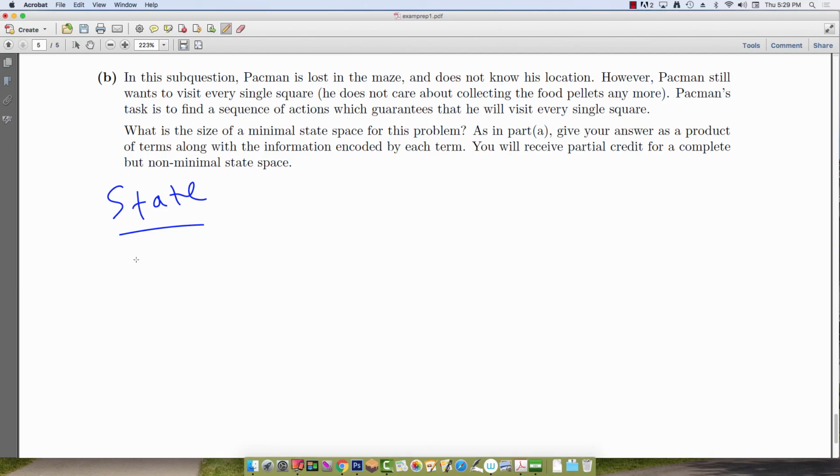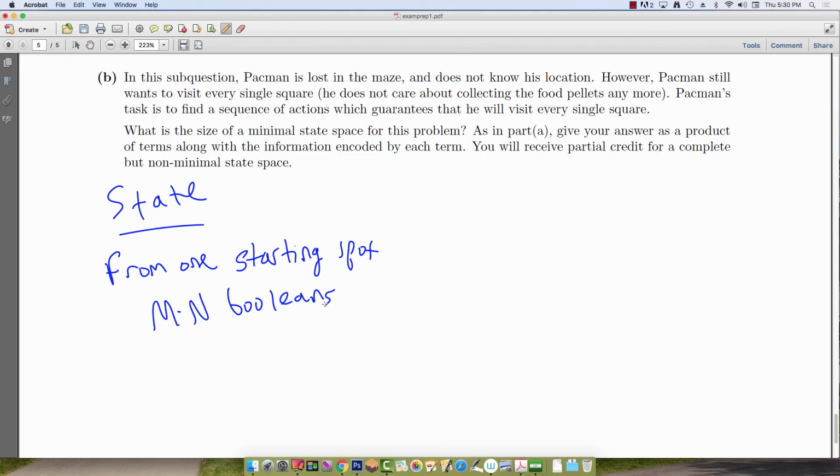Let's first think about one starting spot. Given one starting location, we need to encode which squares he's visited. That's going to be m times n booleans.